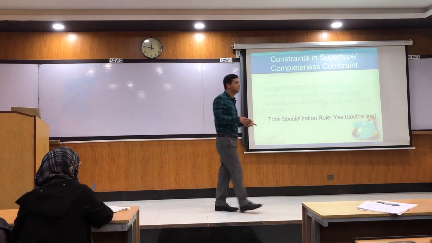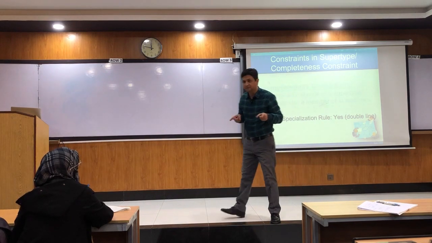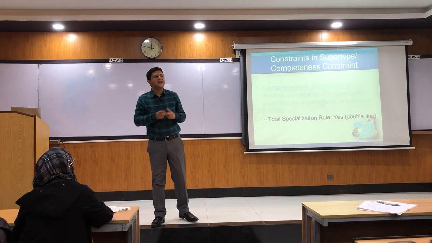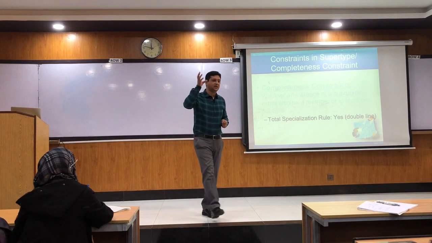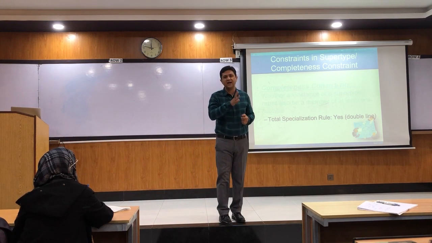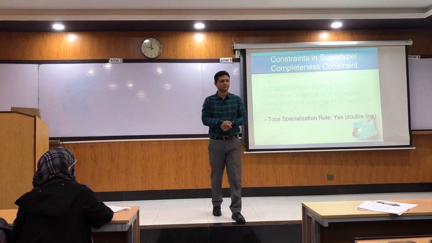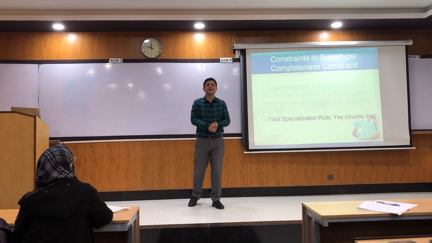If we map this concept into object-oriented programming, there are certain scenarios where we can inherit a class, but we cannot instantiate that class. What is that? Abstract class, exactly.